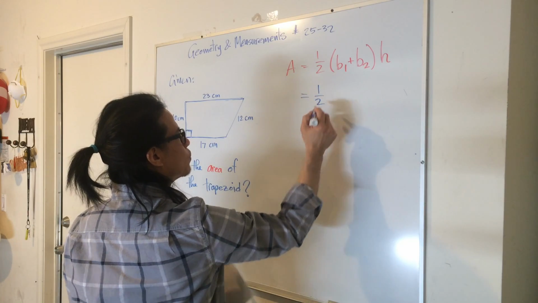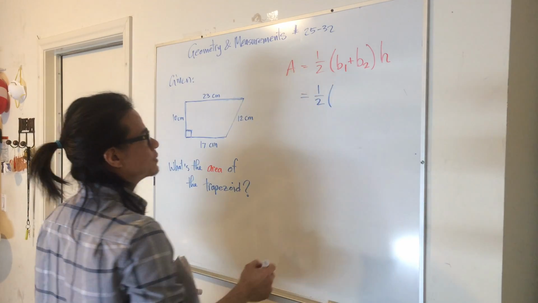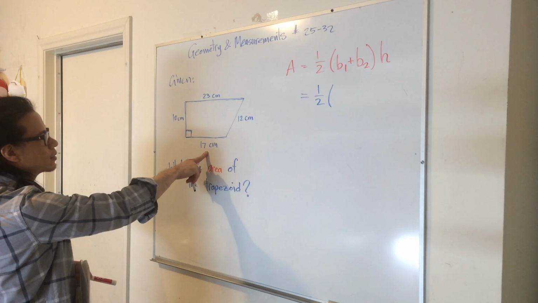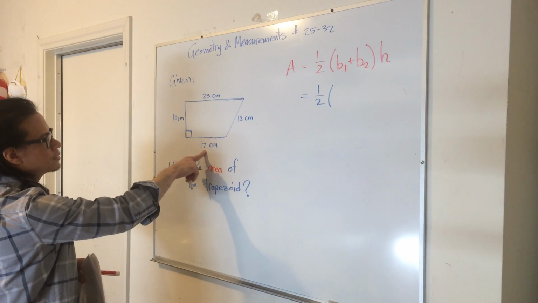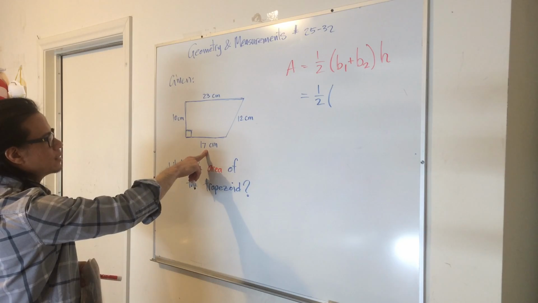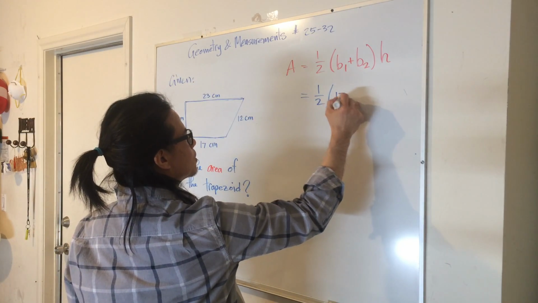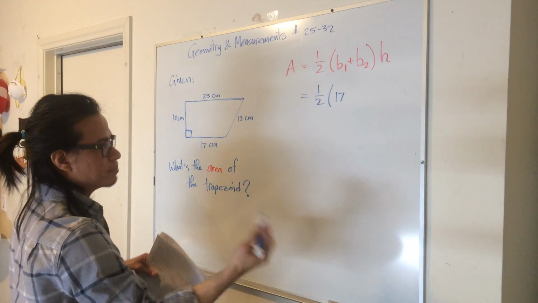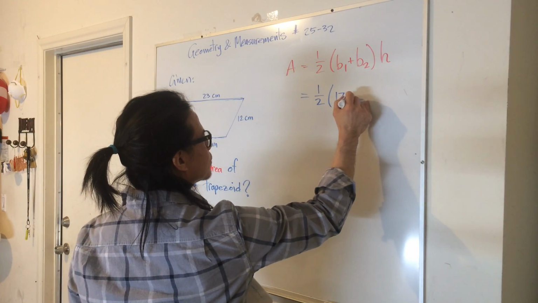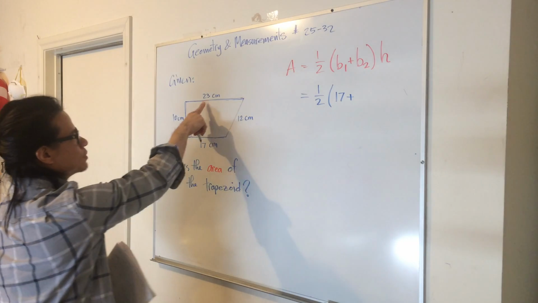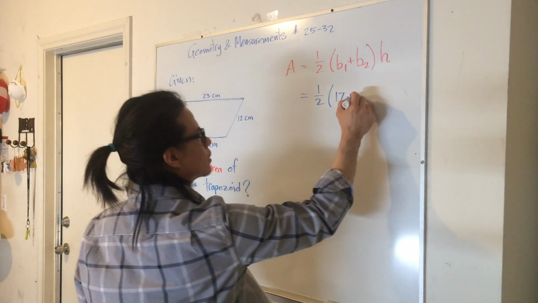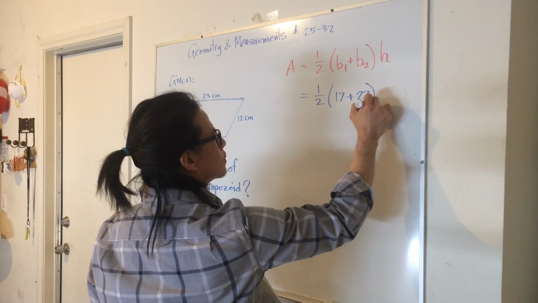I have 1/2 times base 1, I'll just say is the bottom side. It doesn't matter really because base 1 plus base 2 is the same as base 2 plus base 1. So 17 plus base 2 is 23 times the height.